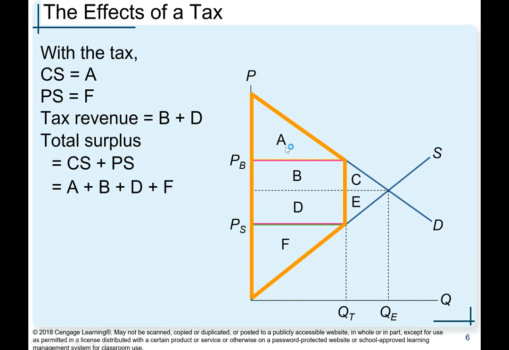So total surplus is now A plus B plus C plus D, which is this trapezium here.